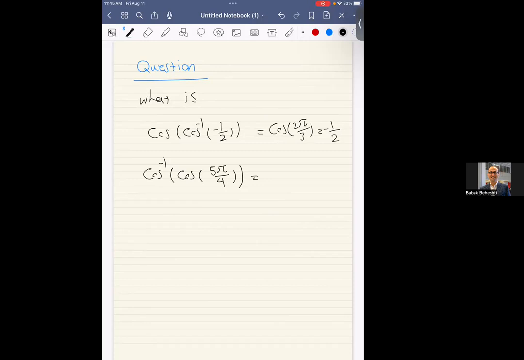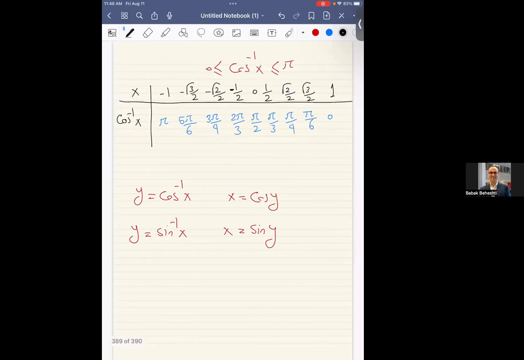So what is cos inverse of cosine of 5π/4? Cosine of 5π/4 is, it's in the third quadrant. It's -√2/2, right? Now, what is cosine inverse of -√2/2? It's 3π/4.